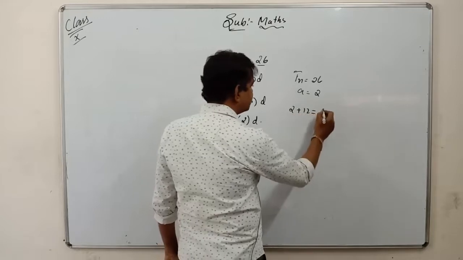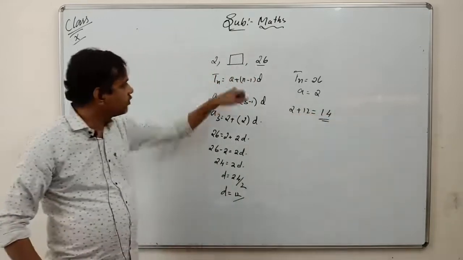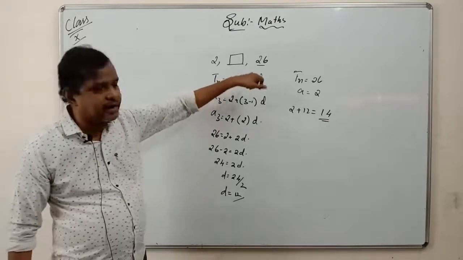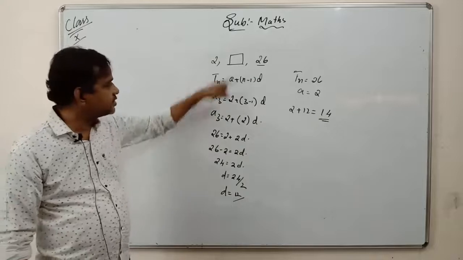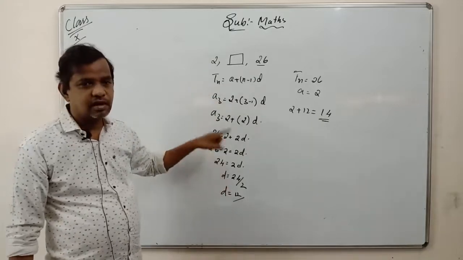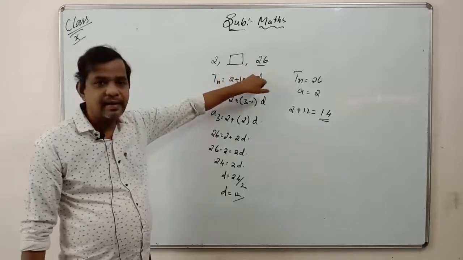So the second term will be 14: 2, 14 and 26. This will go on in continuation; there will be no change in anything here. So the continuation will be 2, 14 and 26.